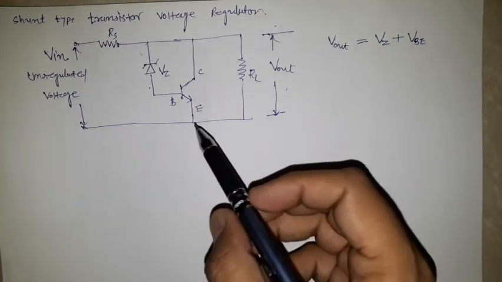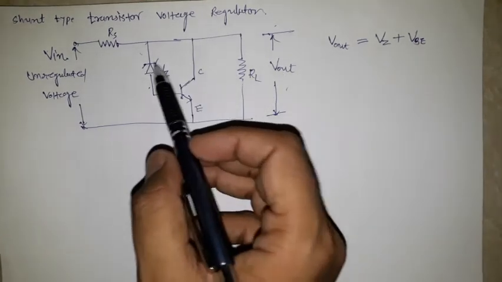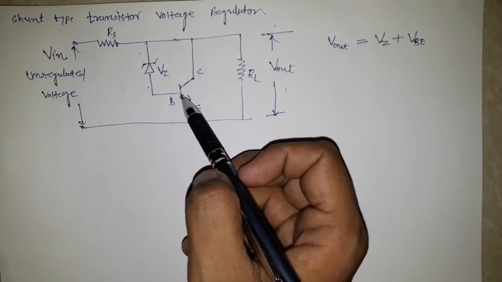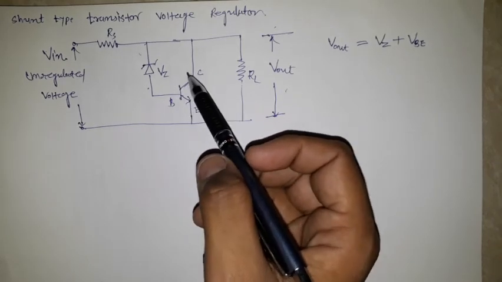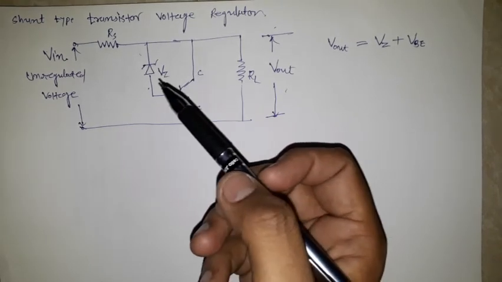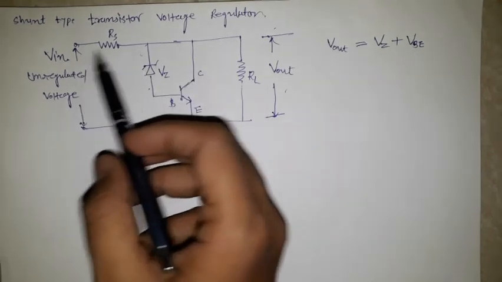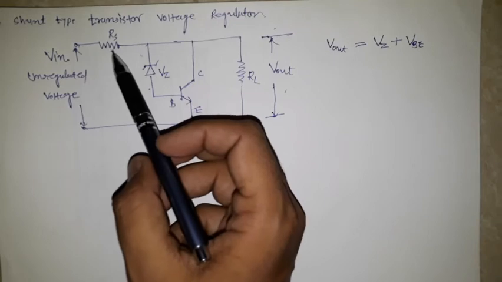So here we can say that whenever Vz increases, then base voltage increases, and due to this the collector current increases, and the collector current increases through this RS.